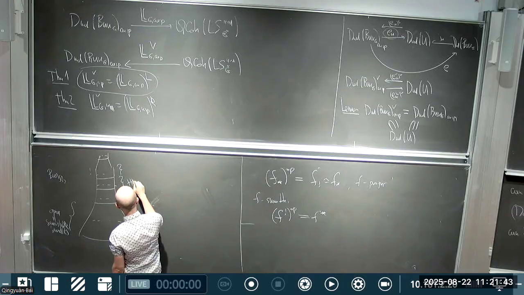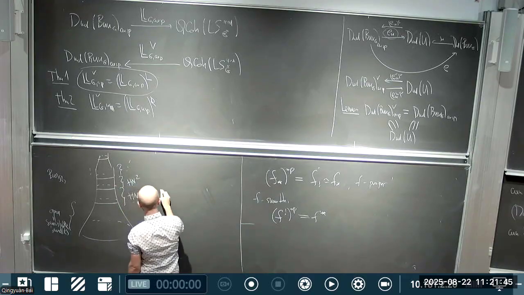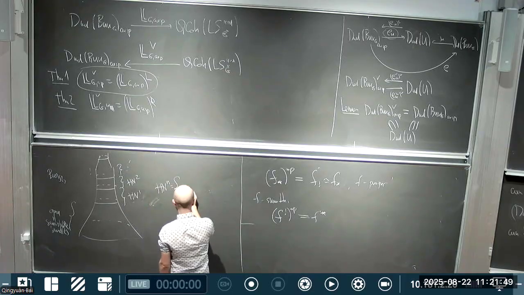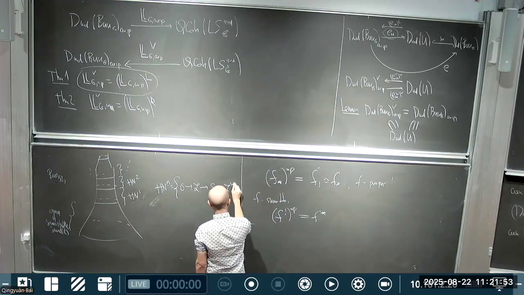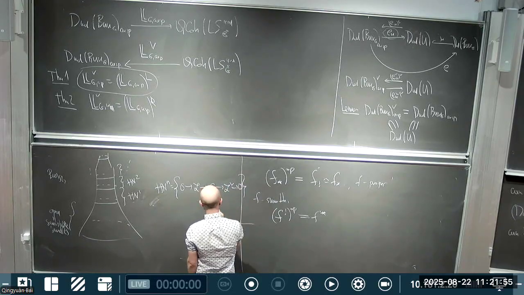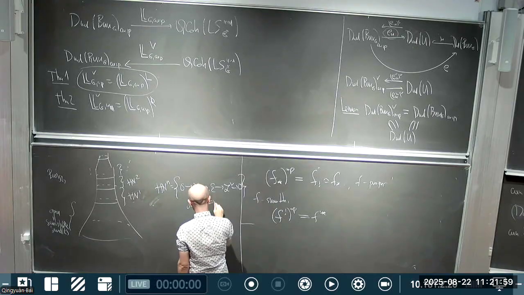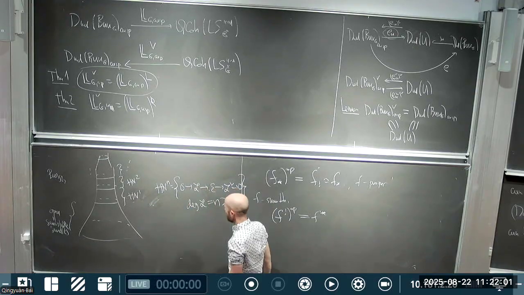So Harder-Narasimhan 1, Harder-Narasimhan 2, and keep going, and here this part, Harder-Narasimhan n, is equal to all extensions L to E to L check 0, where the degree of L is equal to n, greater than 0.